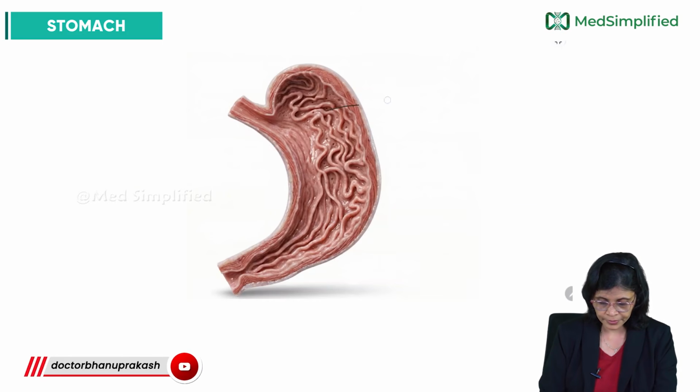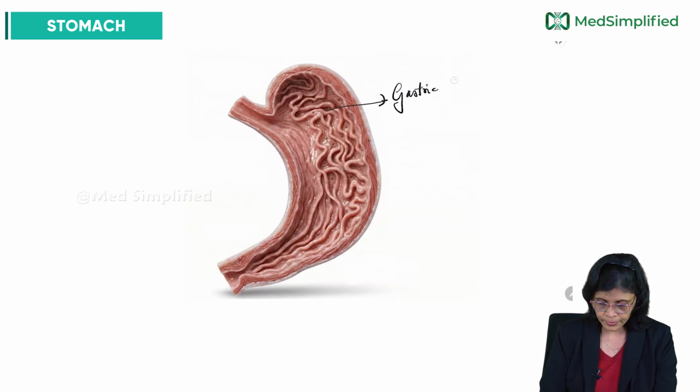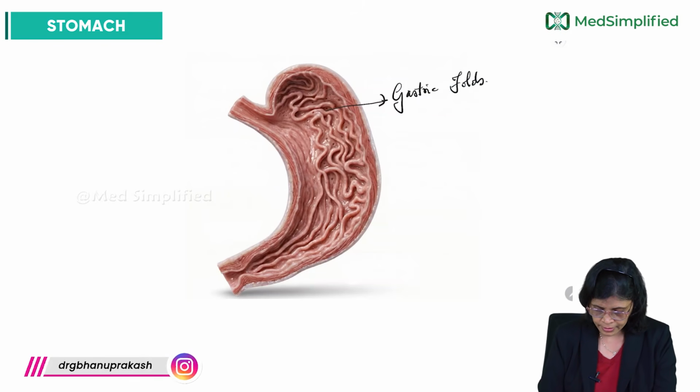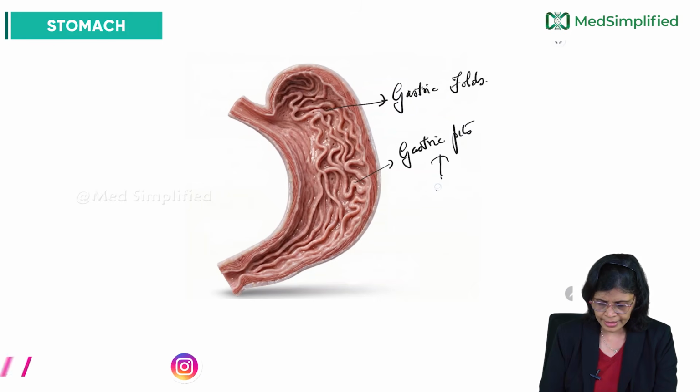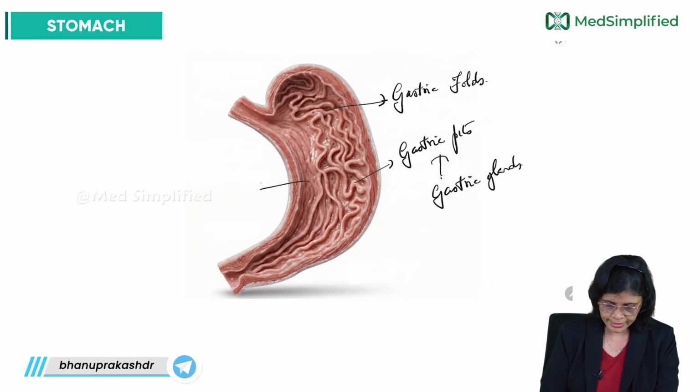So you can see here there are a lot of mucosal folds. These mucosal folds we call the gastric folds. Here you can see the small openings, those are the gastric pits, into which the gastric glands will open. And this is the gastric canal.